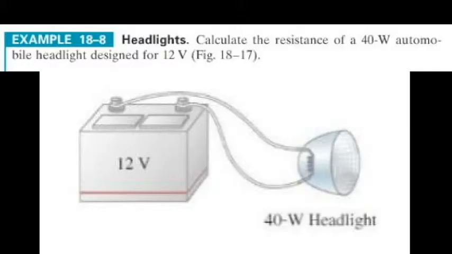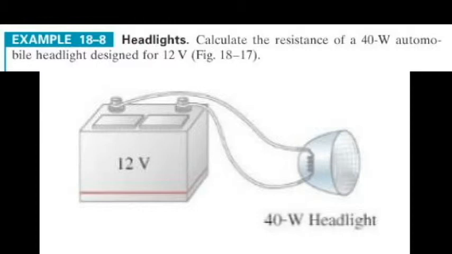Because power equals current times V, and V equals resistance times current, we can see that power can also be given as current squared, or I squared times R, resistance, or that power can be given as potential difference squared over resistance, or V squared over R. And any of these three equations can be useful when solving electric power problems. So, using these equations, we're going to be able to solve the examples.